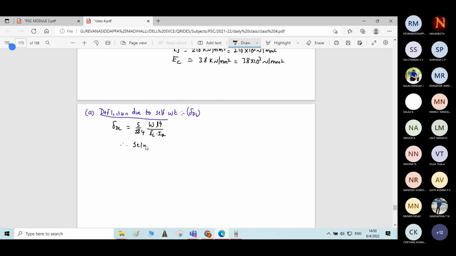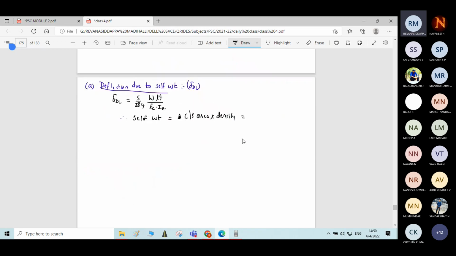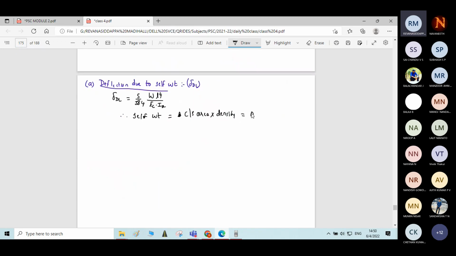Self-weight or dead load is equal to cross-sectional area multiplied by density. Cross-sectional area is given as 300 by 500, nothing but 0.3 into 0.5 into 24, density of concrete. The answer is 3.6 kilonewton per meter or 3.6 Newton per millimeter.